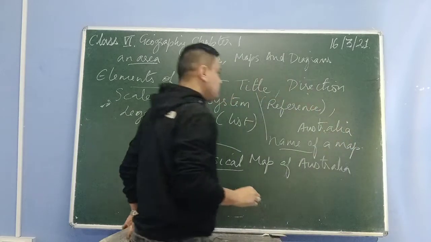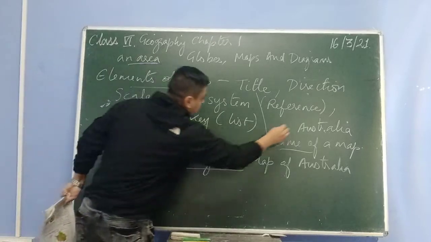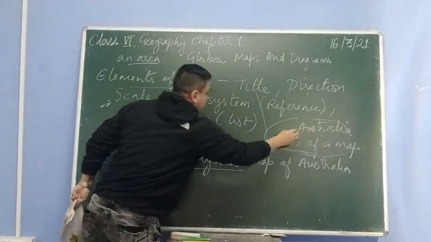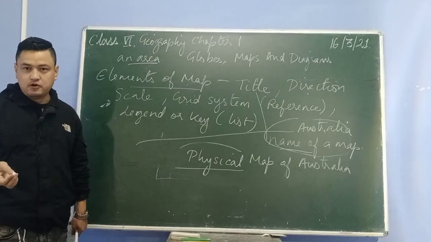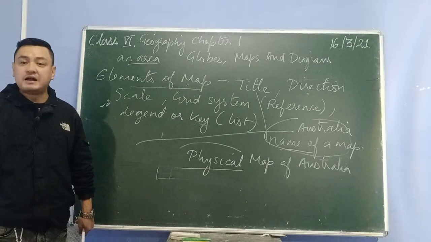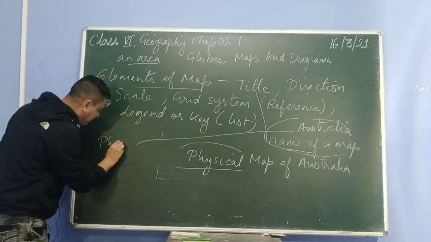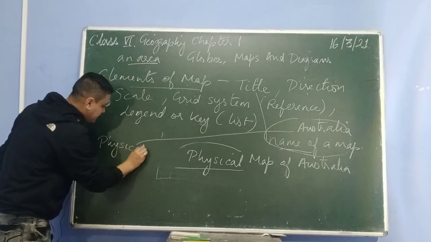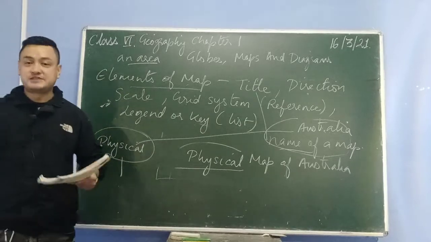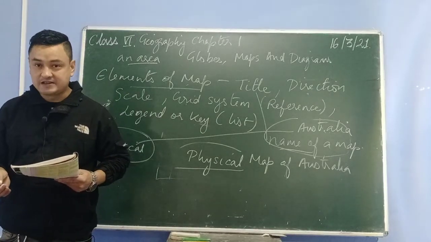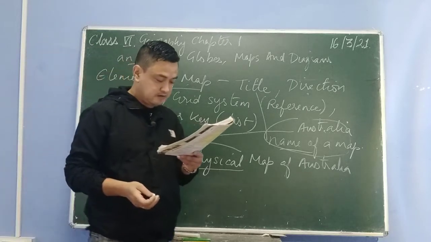But what map are we going to study about Australia? It might be a physical map or it might be a political map. So if we want to study the physical map of Australia, it might be written physical map of Australia. So physical becomes the subtitle. Subtitle means the subject, the theme.